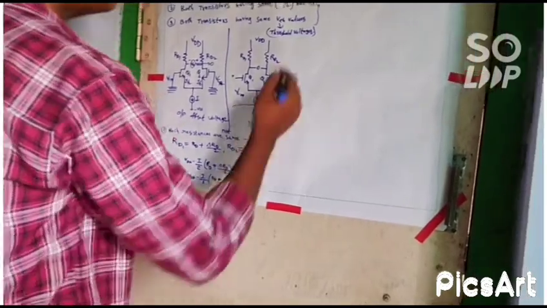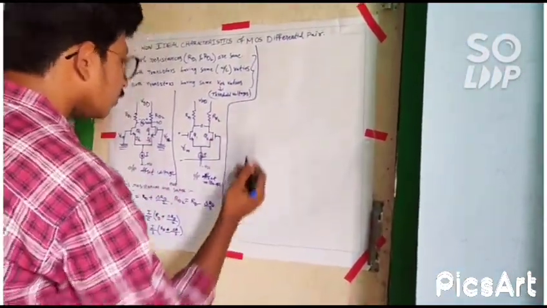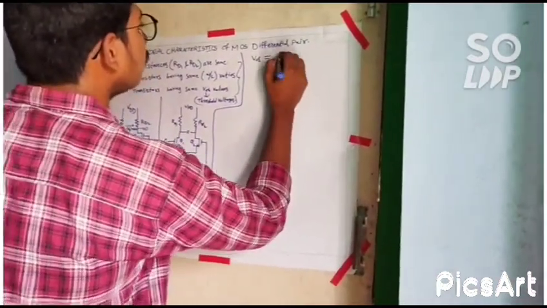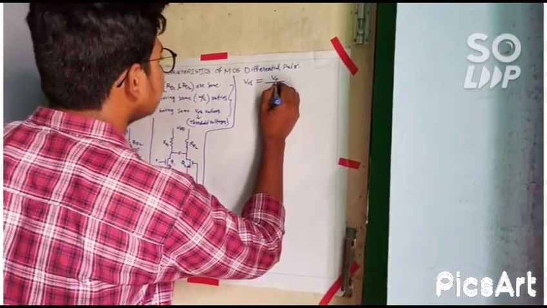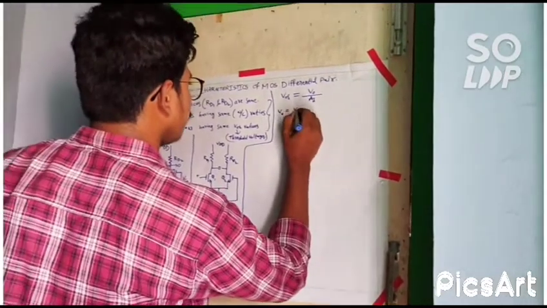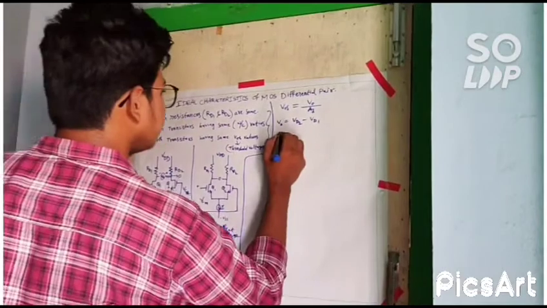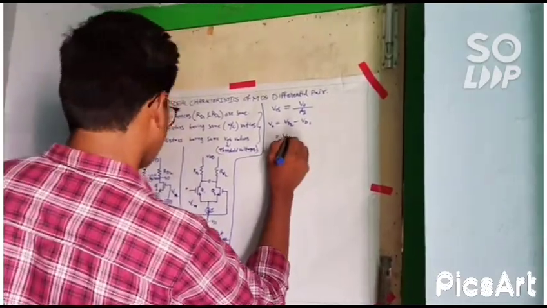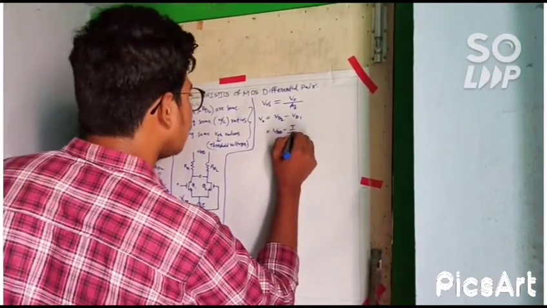Now you know that VOS is equal to V0 by gain. Gain is AD, where V0 is equal to VD2 minus VD1.